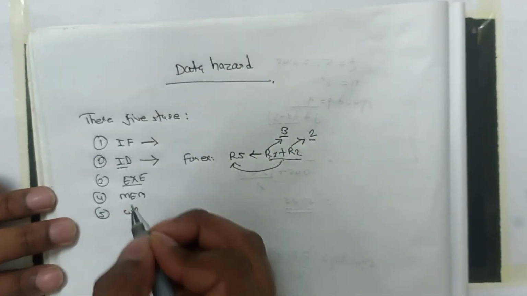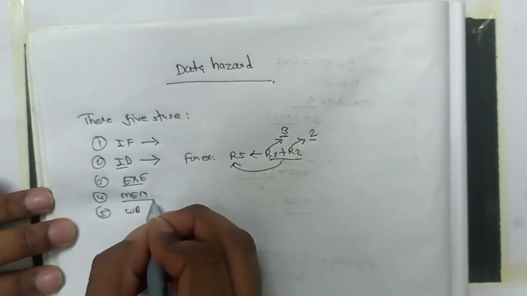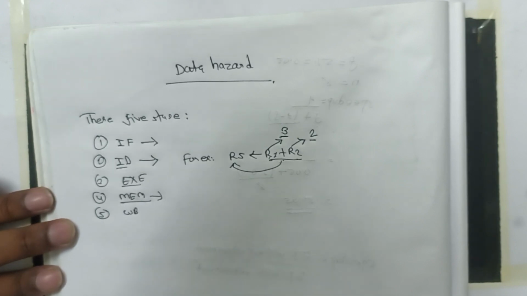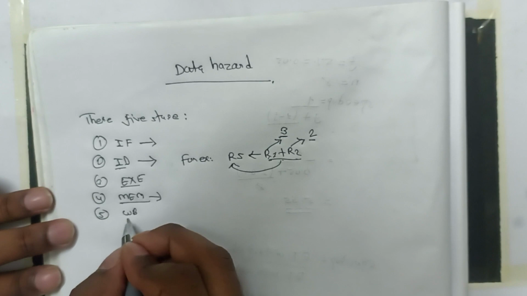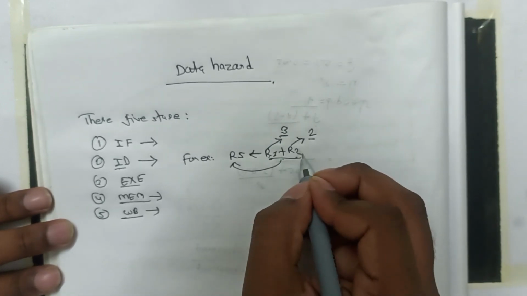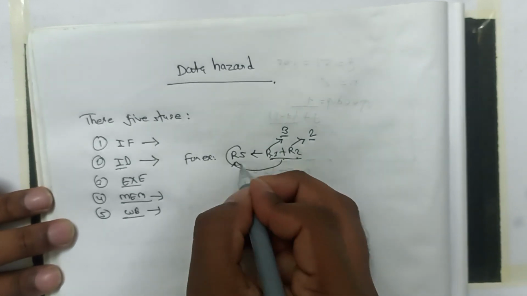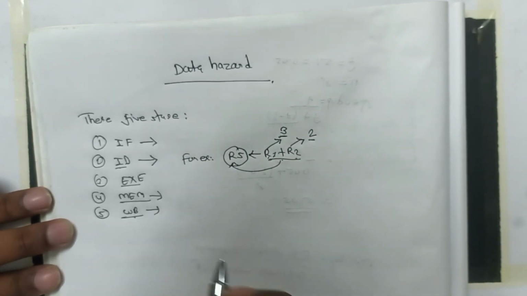And in the execution, we perform operations like subtract, divide, multiply, and memory is used during the load and the store. And write back means R1 plus R2 is added and stored in R5, and we get the value of R5 in the write back.